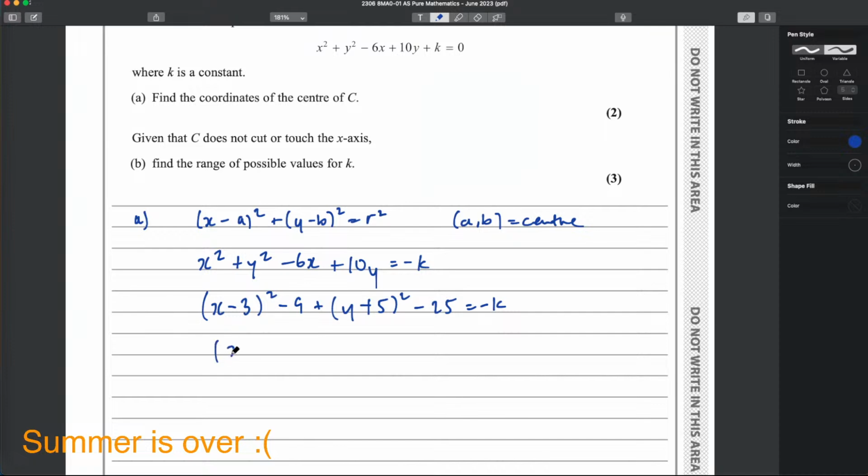And then if you want to neaten it up further, you can write it with all the constants on one side. So 25 plus 9, 34 take k. Okay, so then you've got your center. The center of C is at 3, negative 5.